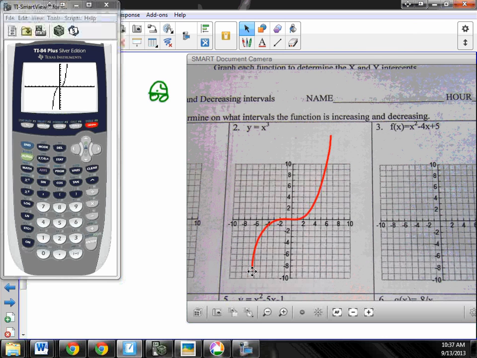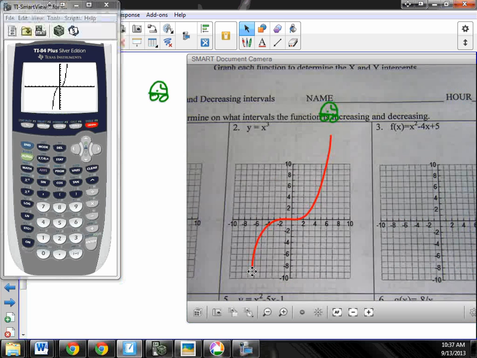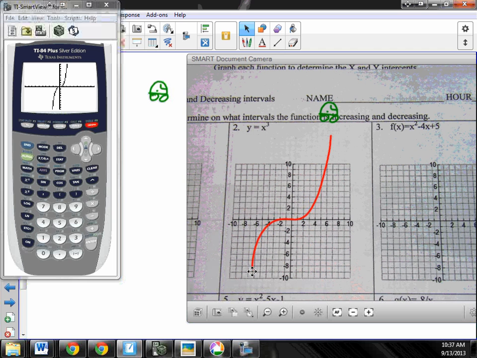Pull my car down. So let's follow the car as I travel along this graph. When is it increasing? Is it ever not increasing?